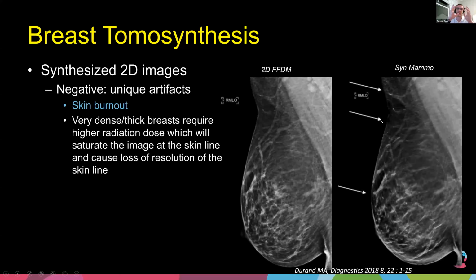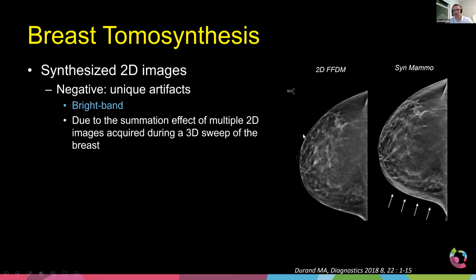Not physically burn it out, but because you have saturated the detector with high levels of photons, it tends to blur and remove that information. Whereas in a 2D view, you don't need as much mA, so it doesn't cause degradation of the skin line.